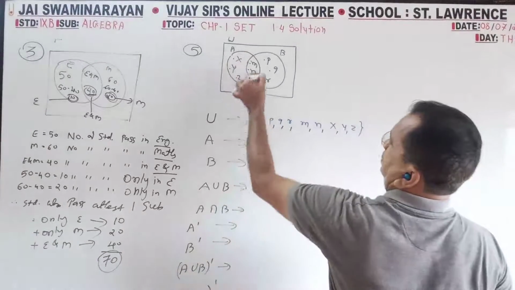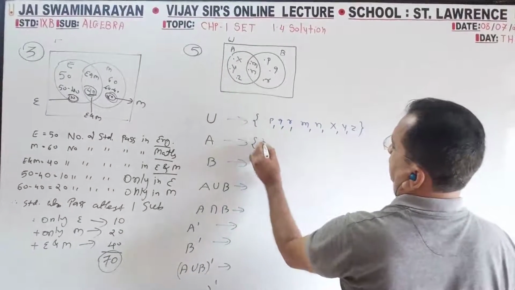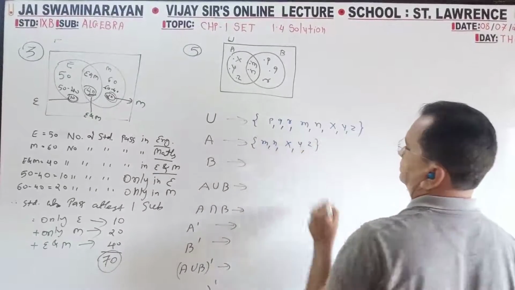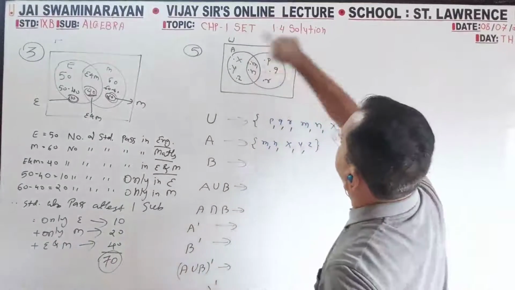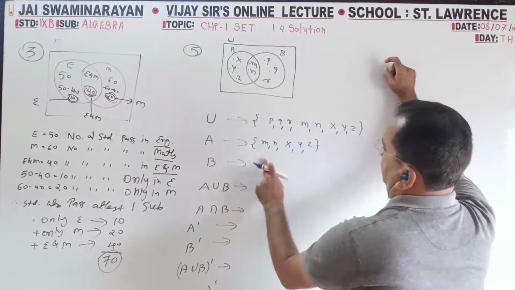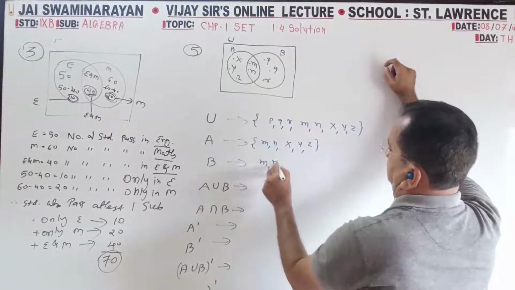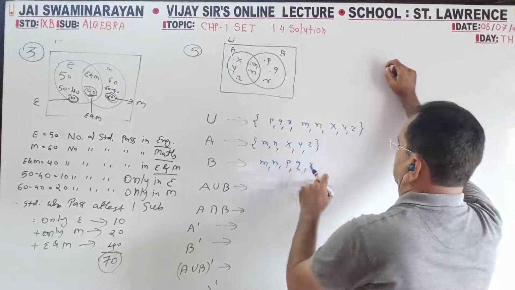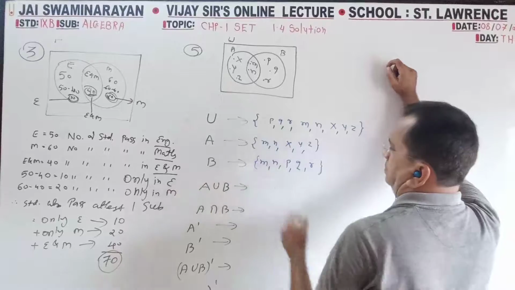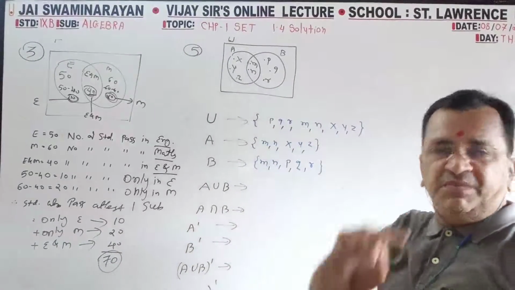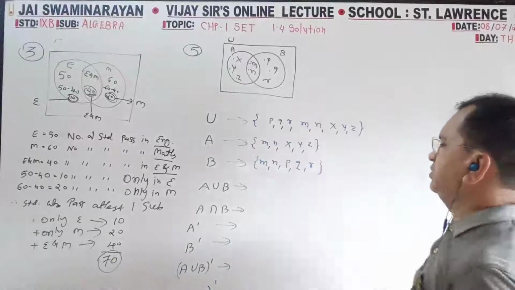Only A, full A, so that is M, N, X, Y, Z. Only B: M, N, P, Q, R. Union, A union B means A also, B also, common also.